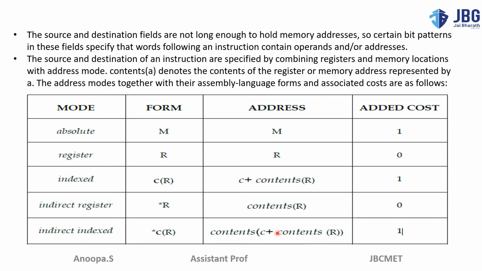So C plus contents of R will be calculated, and the content of that location is taken. In that case our cost is 1. So you can see that whenever the value is directly taken from the register, the cost is 0, and whenever we have to access a memory location, the cost is 1.